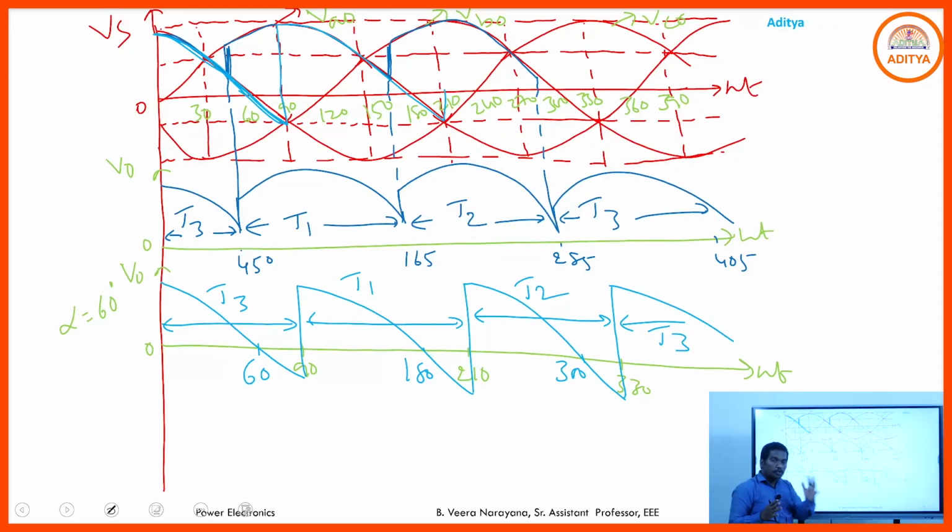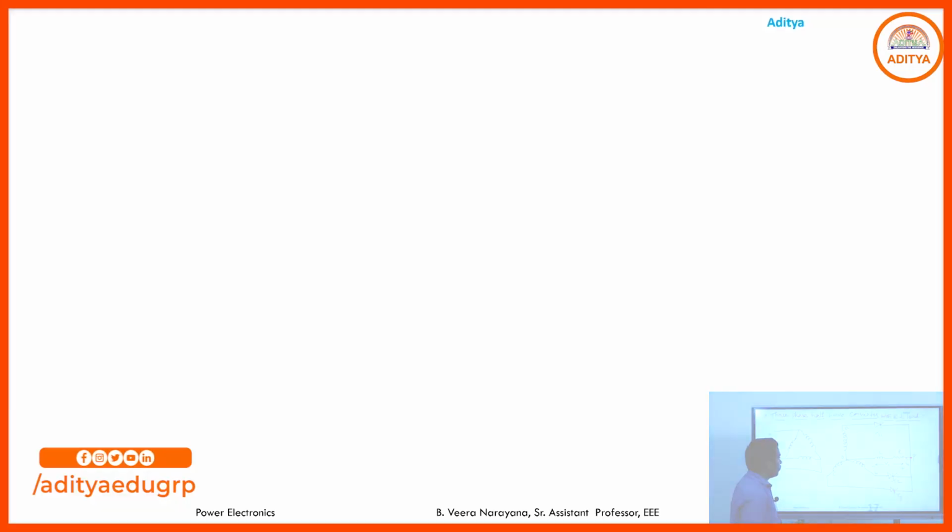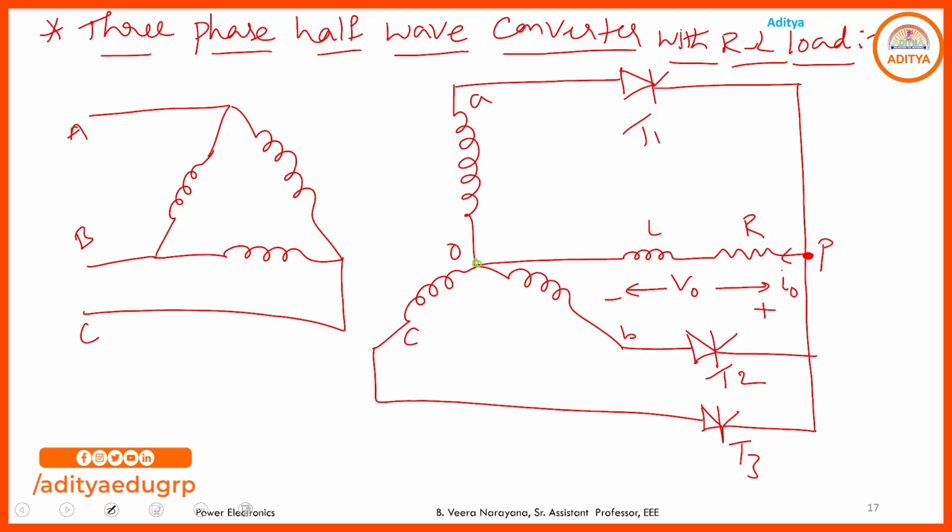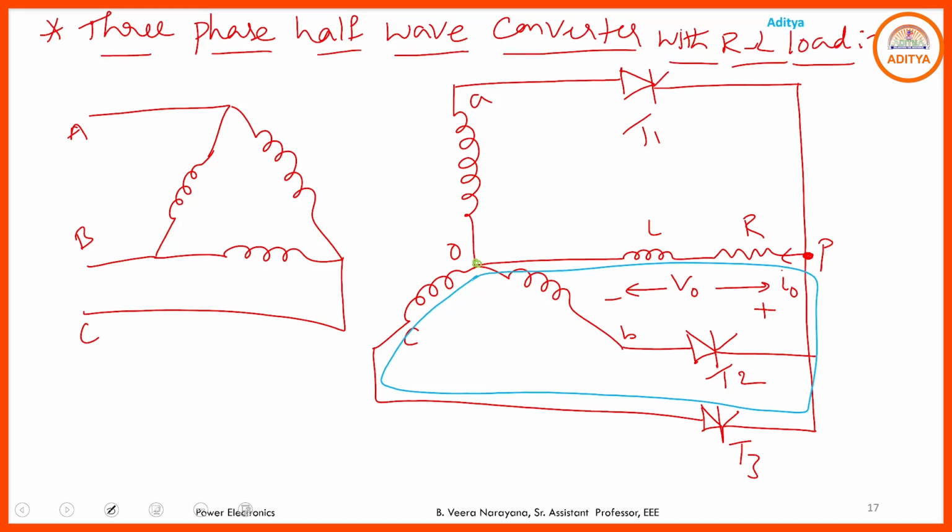So the energy stores in the inductor from 0 to 60, due to the conduction of T3, this is the current flow through the circuit. So in that condition, some energy must be stored in the inductor.